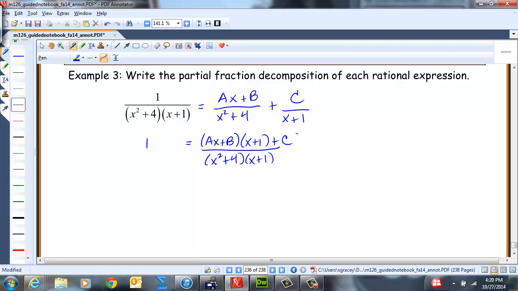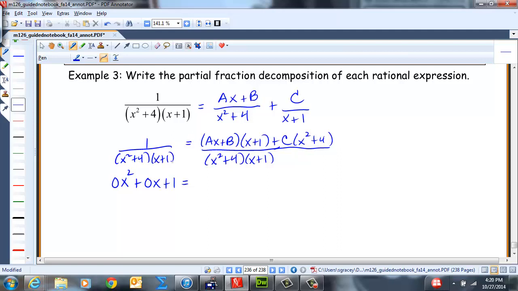And then our c will be multiplied to x squared plus 4. Notice we're going to have an x squared term and an x term, so I'm going to write 0x squared plus 0x plus 1 is equal to, and this was all over x squared plus 4 times x plus 1.